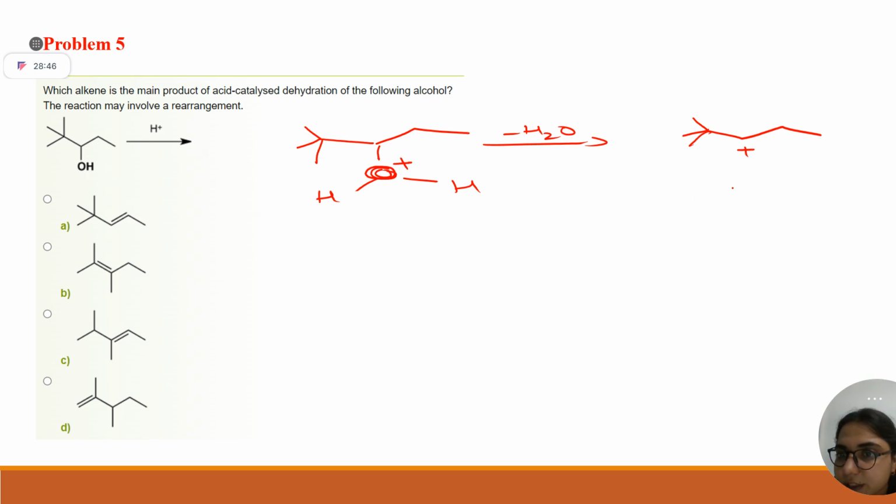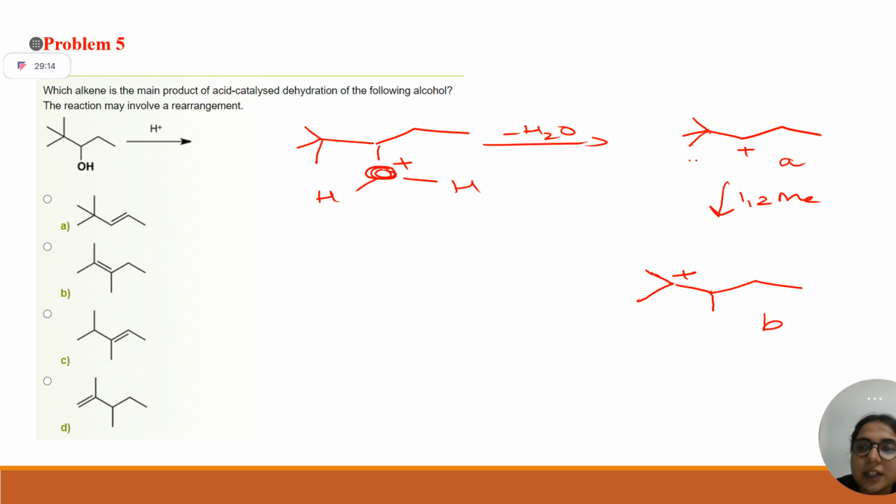Can you do something to make this carbocation more stable as it is now? Ma'am, we can do a 1,2 methyl shift such that the secondary carbocation becomes a tertiary carbocation. Okay, you are saying a 1,2 methyl shift. Let's do it. If I am doing a methyl shift, that methyl will come here and the positive charge will be here. Clear?